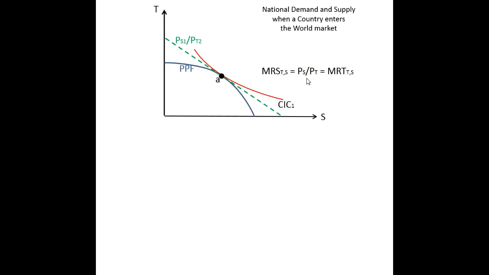So we will have a relative price equal to PS divided by PT, autarky.